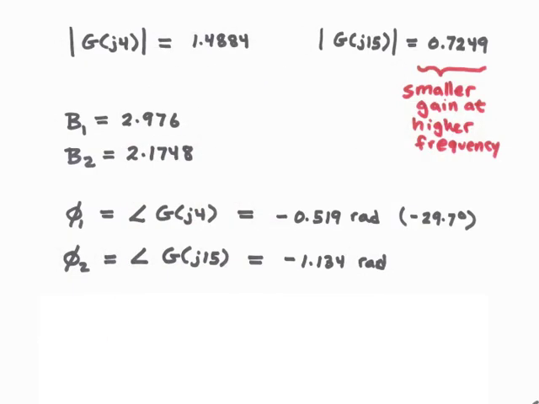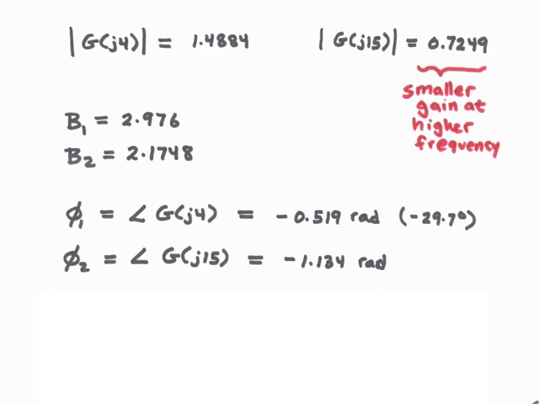So we can now calculate the amplitudes of the two frequencies in the output. B1 will come out to be 2.976 and B2 will come out to be 2.1748. We already found the phase angle Phi1 to be negative 0.519 rads. The angle Phi2 will end up being negative 1.134 radians.